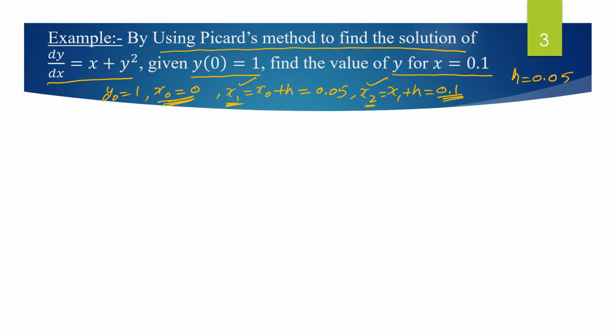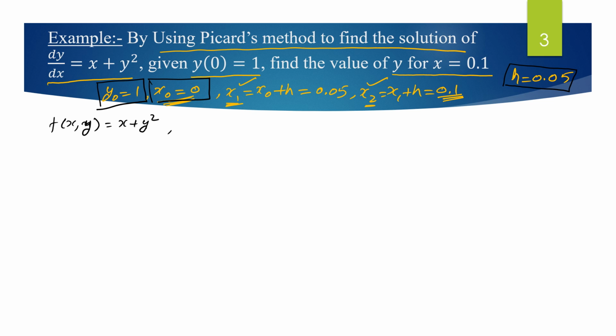So by the formula of the modified Euler method, f(x, y) is equal to x + y square, x0 is 0, y0 is 1, and we have taken h as 0.05.